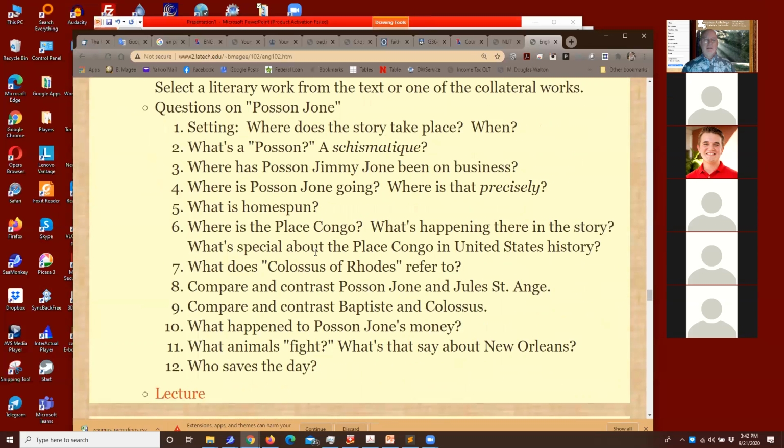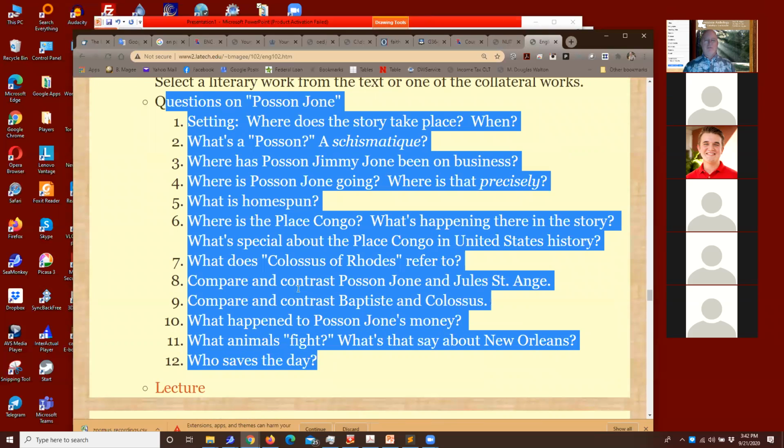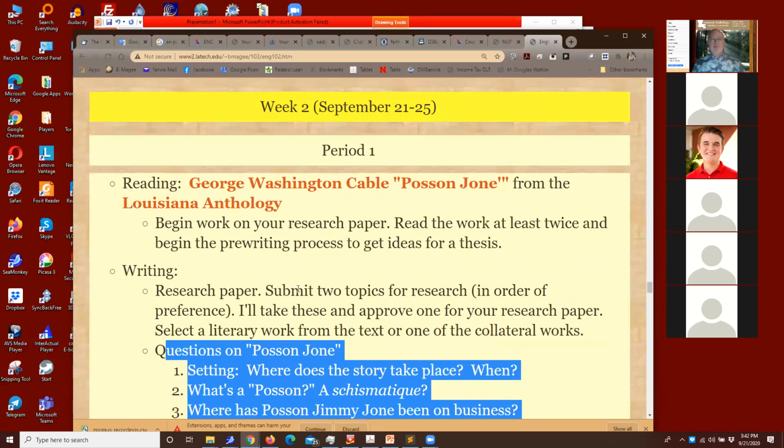And here are the questions to answer about Pas and Jaune, so you have a better idea of what's going on. And we'll go over that in class and develop our themes for it. Does that make sense to everybody? Yes. Great.